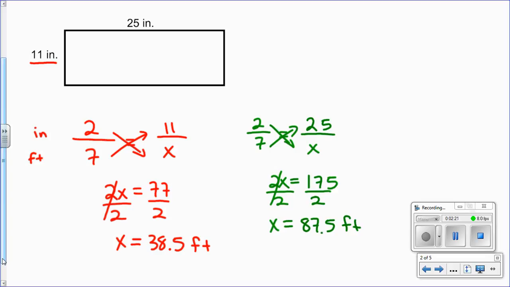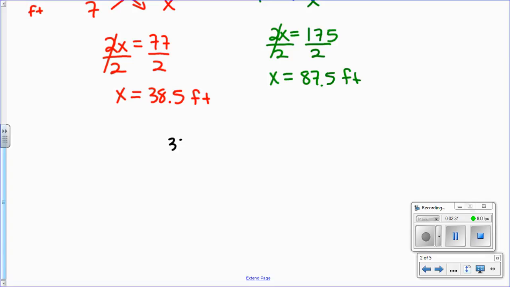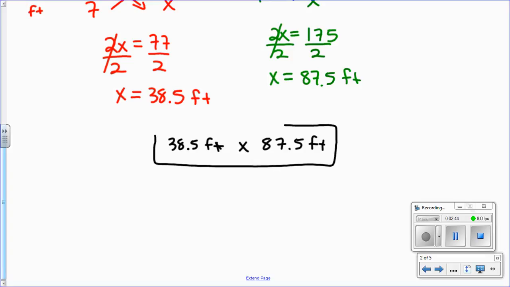Okay, usually you see dimensions written like this. So you'll see it written like 38.5 feet by 87.5 feet. So with that little times sign meaning by, those would be the actual dimensions of the room based on our scale and our scale drawing.